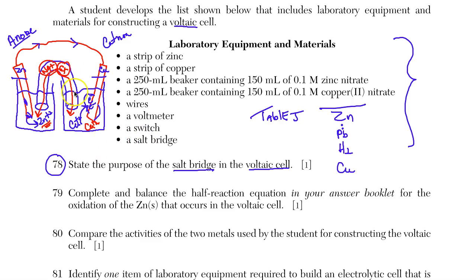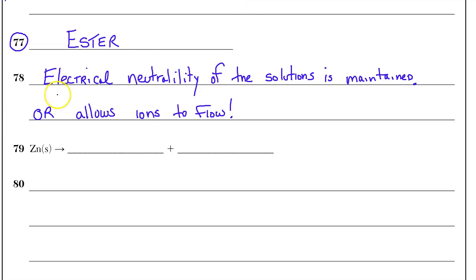And it also allows for ions to flow. So in number 78, electrical neutrality of the solutions is maintained, or it allows the ions to flow. No electrons, right? This has nothing to do with electrons moving. That has to go from metal to metal, from electrode to electrode.